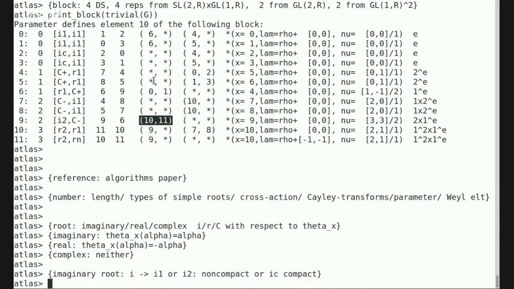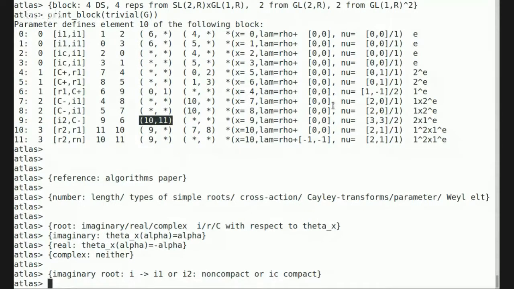That requires a few extra words to make it precise because of the double valued issue. That's what's in these two columns, and I'll say for later use that this is the heart of the Kazhdan-Lusztig algorithm. It's inductive, based on these Cayley transforms and cross actions.